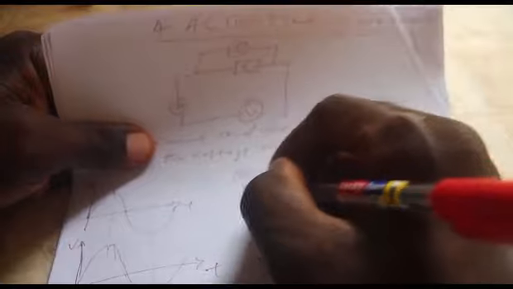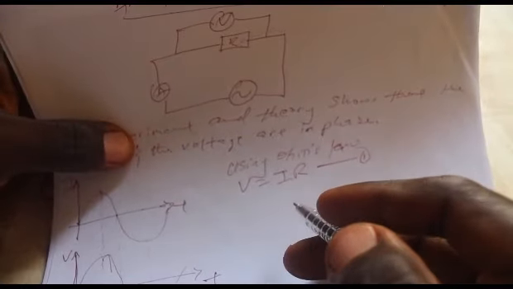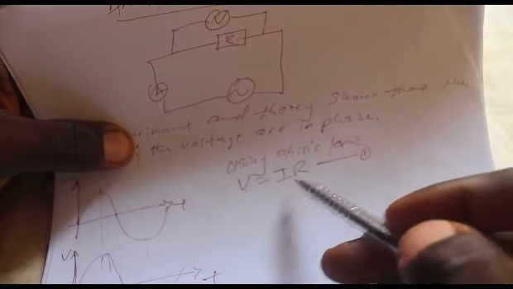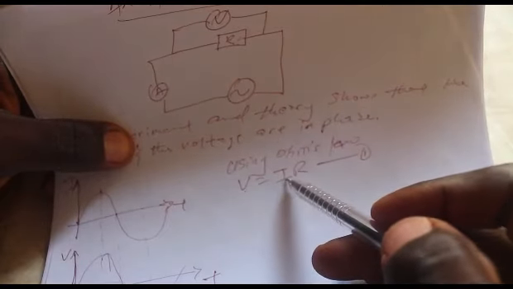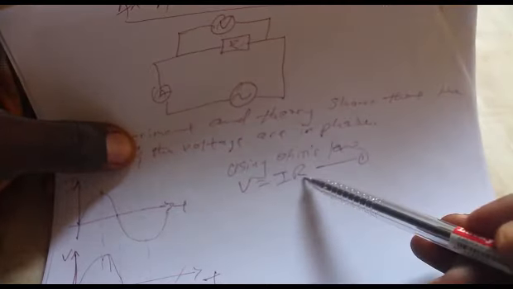Using Ohm's law, we know that V is equal to IR. We call this equation 1. That is, instantaneous voltage is the product of the instantaneous current and the resistance in the circuit.